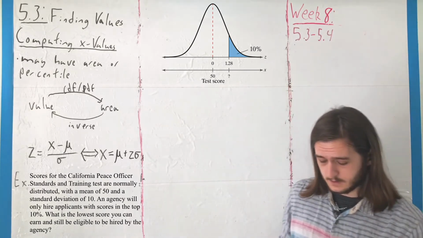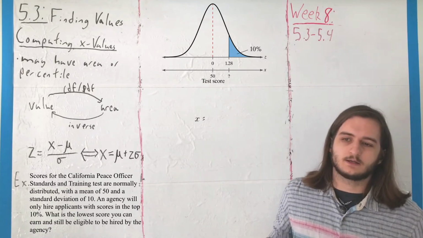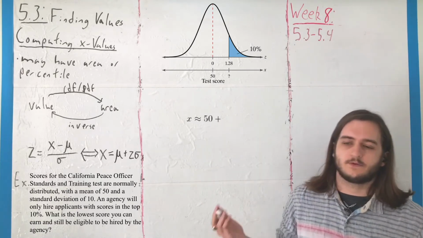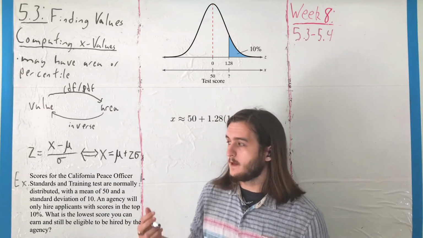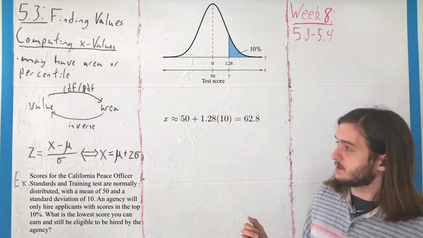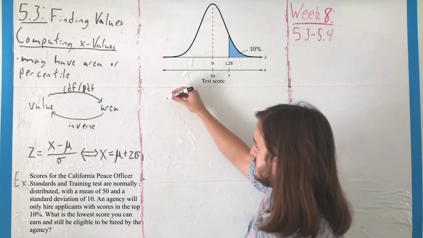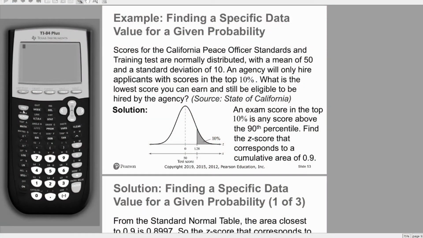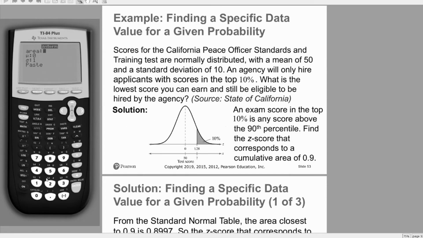To get this, we can either follow that kind of process where we look in the table for 90%, which we actually do know that value, because like I said, it's a really common one, and then convert it using that formula, or more efficiently, we could just use the calculator, where we would be calling upon the inverse normal function, and we'll be evaluating the inverse normal function at 0.9 again.